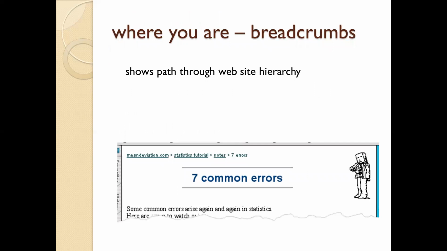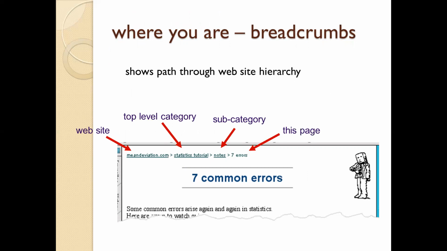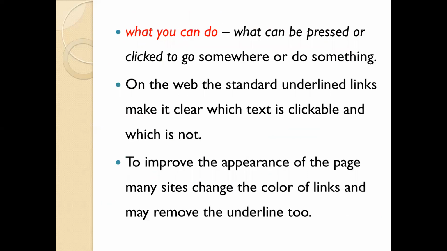Where are you? Breadcrumbs show the path in the website hierarchy: website, top level category, subcategory, this page, with live links to higher levels. What you can do: what can be pressed or clicked to go somewhere or do something. On the web, the standard underlined links make it clear which text is clickable and which is not.